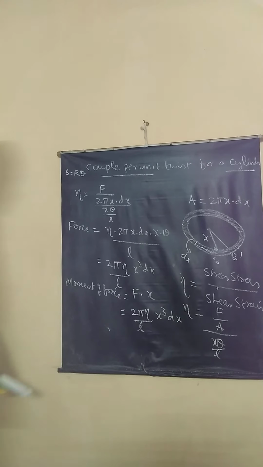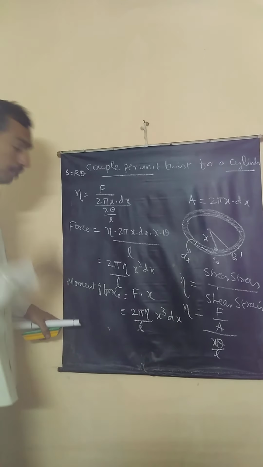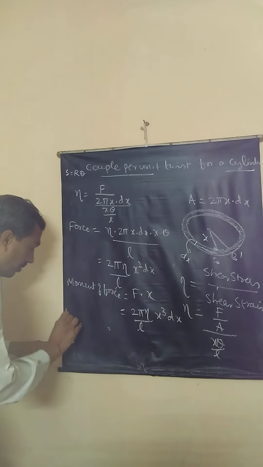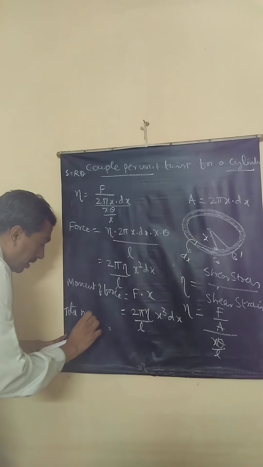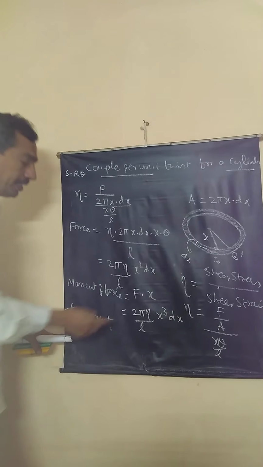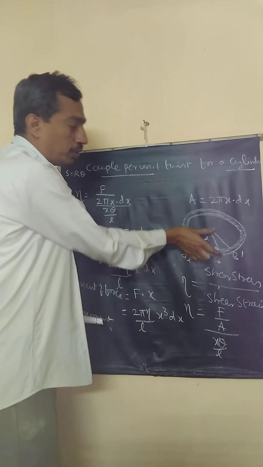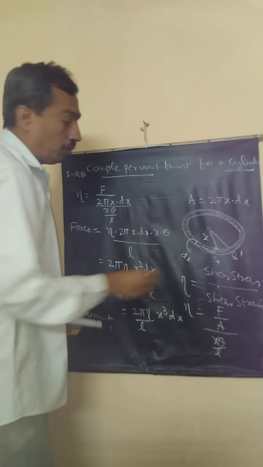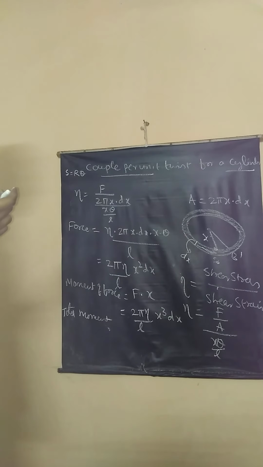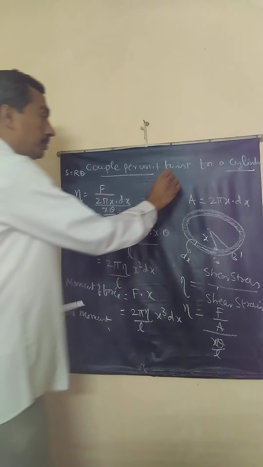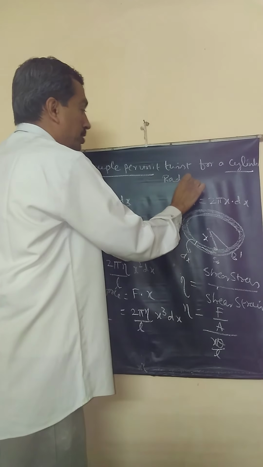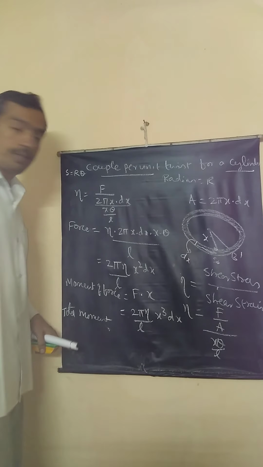Okay. Now we will calculate the total moment. We have to integrate this from center to the ring. Let the radius of the cylinder be r.